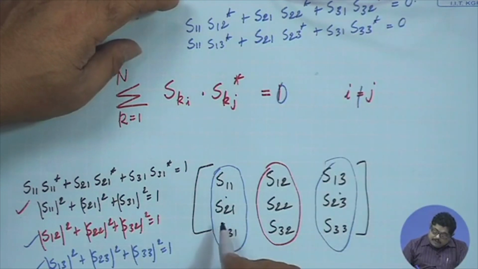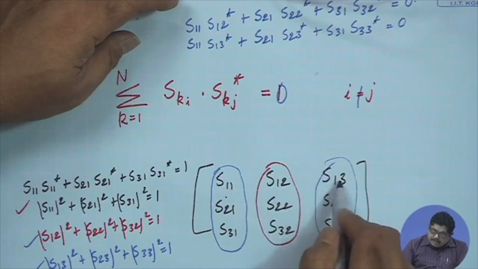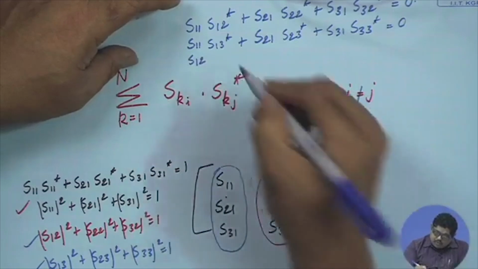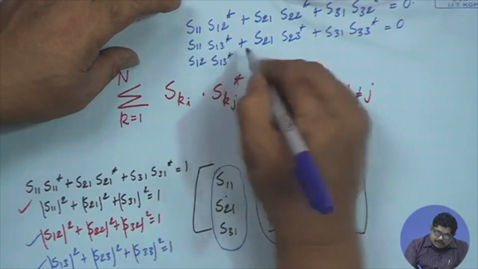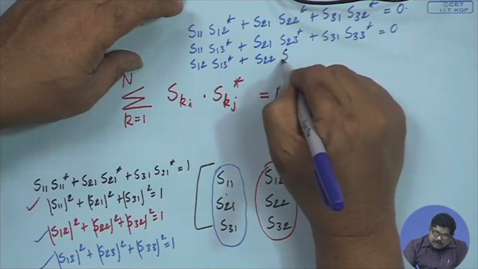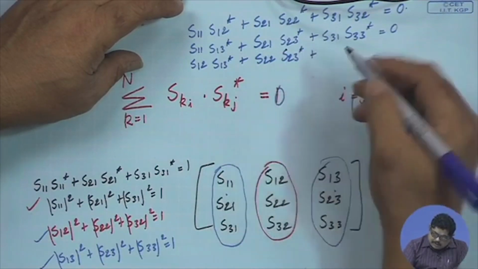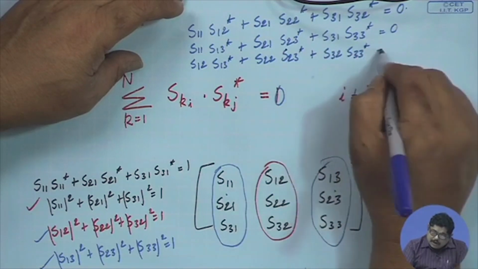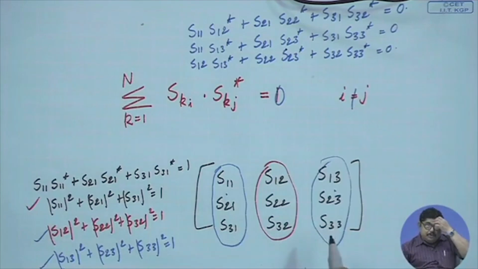Also this one conjugate with this one, that means S12 S13 star plus S22 S23 star plus S32 S33 star is equal to 0.